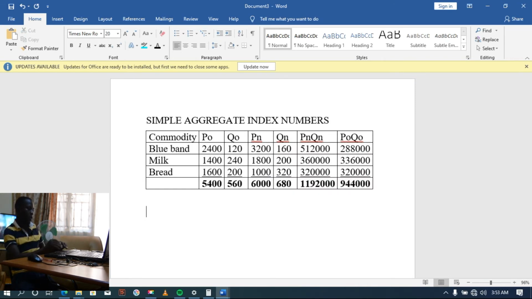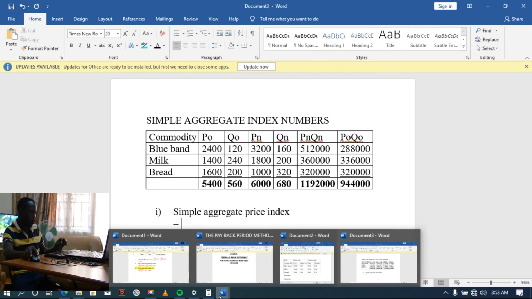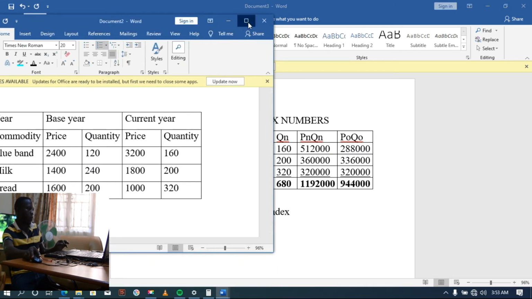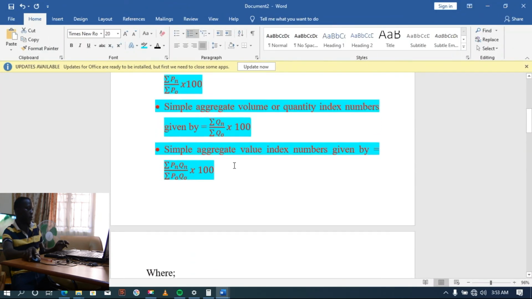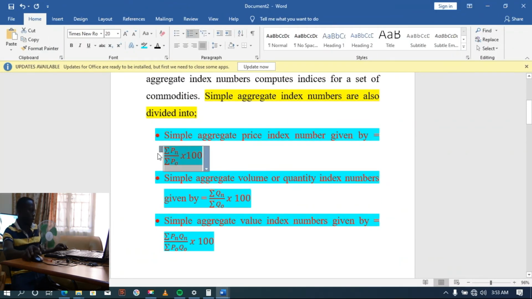So now we can go ahead and answer part 1. That is simple aggregate price index, and this is given as summation Pn over summation Po times 100.